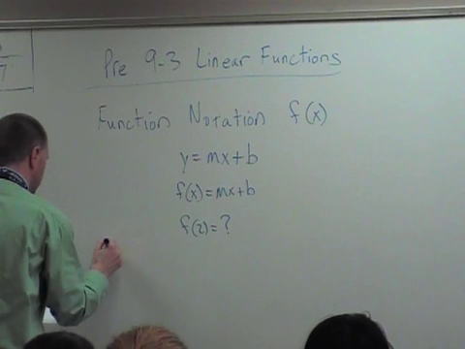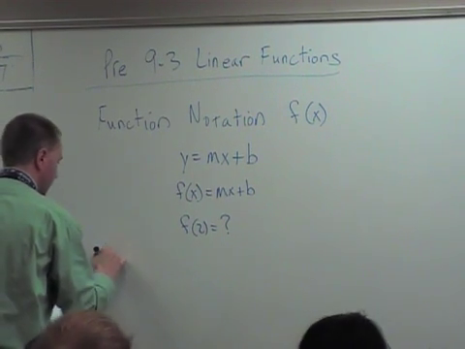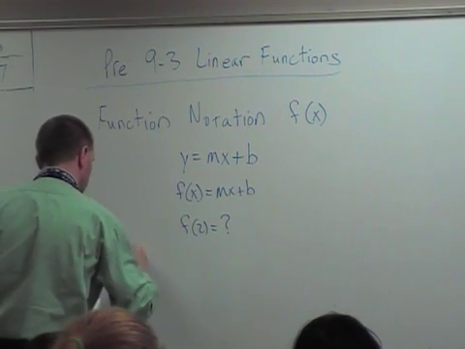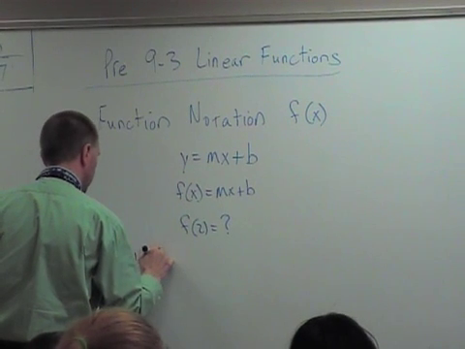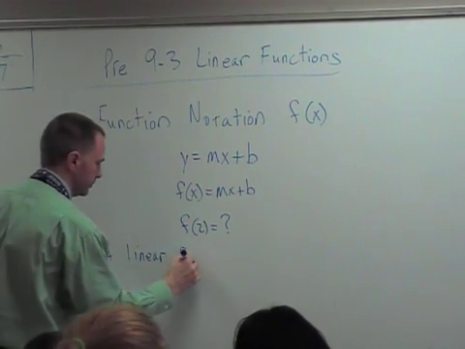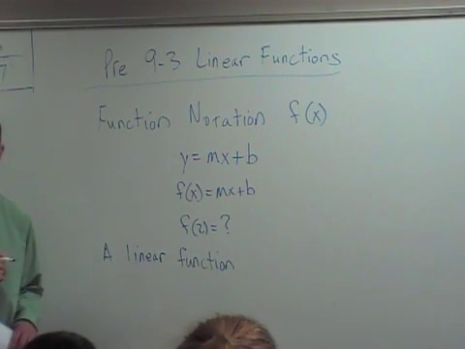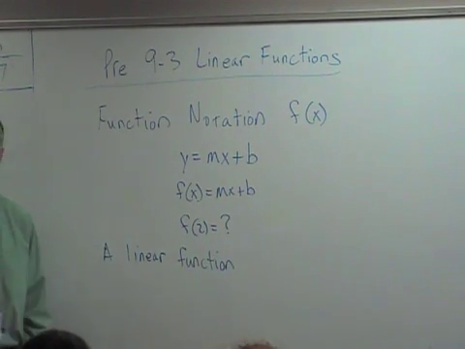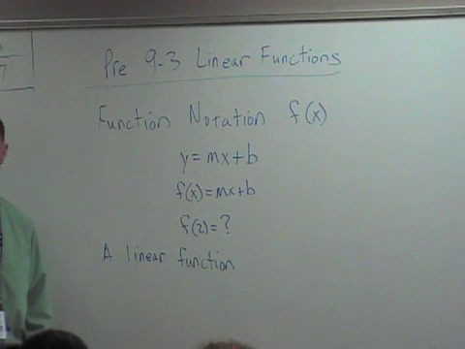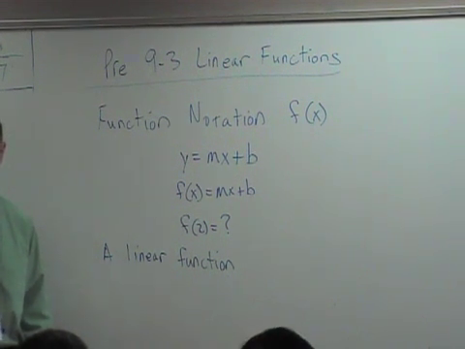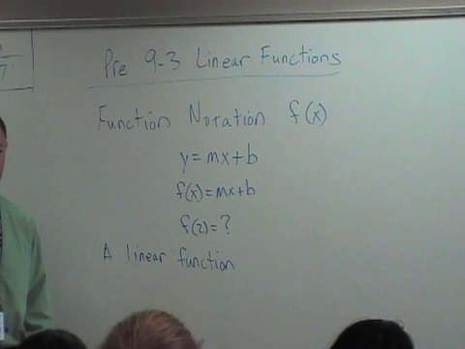All right. We've already talked about this. A linear function. How do you know if something's linear? What did I tell you? Straight line. If you're looking at the equation only, like on the test you had for chapter 8.